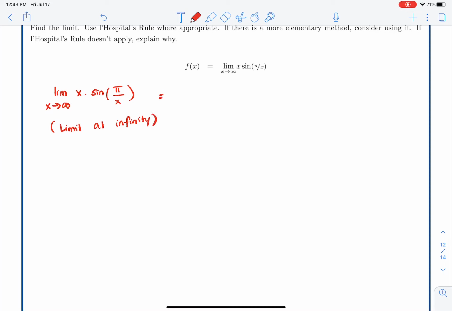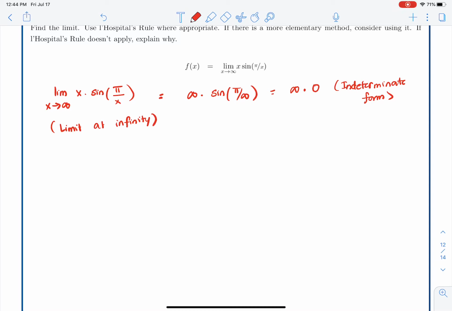So if you apply the limit, we have infinity times sine pi over infinity. That would give us infinity times 0. And that we know is an indeterminate form. So how do we go about doing this?